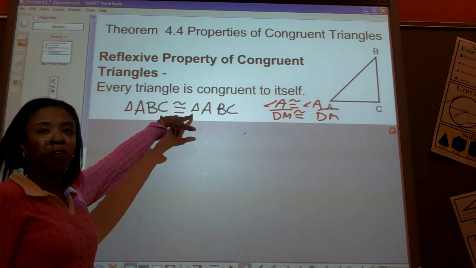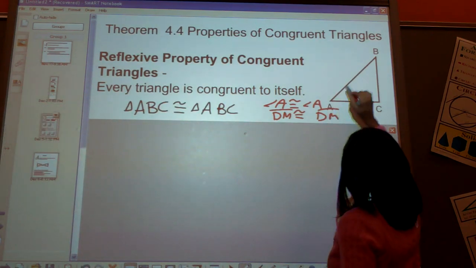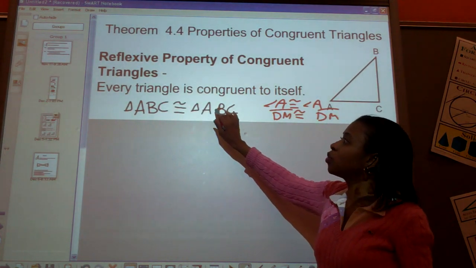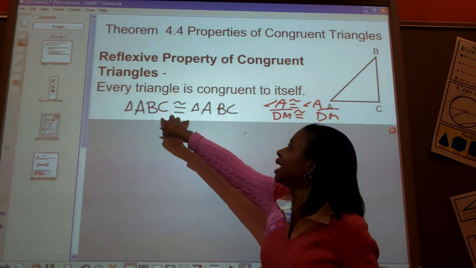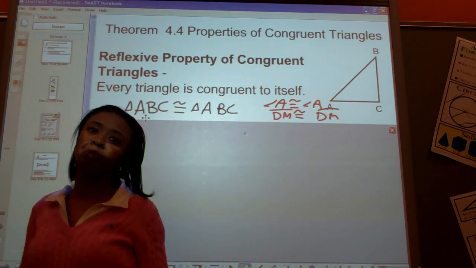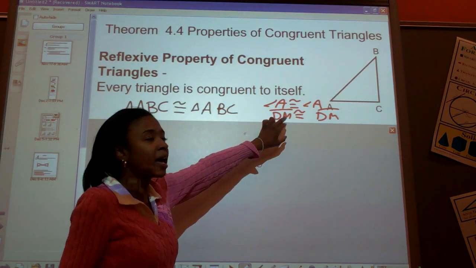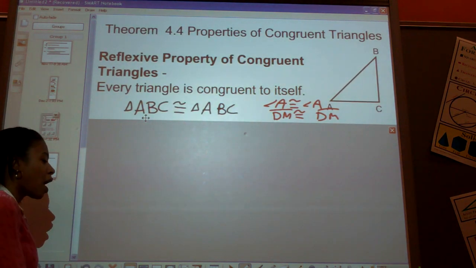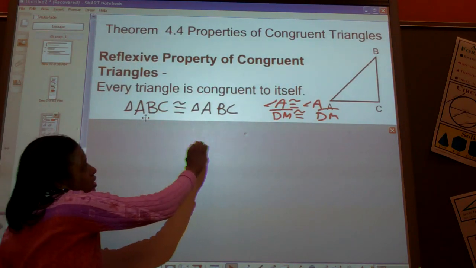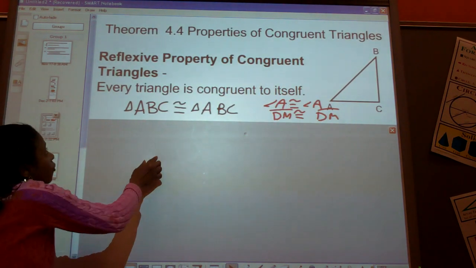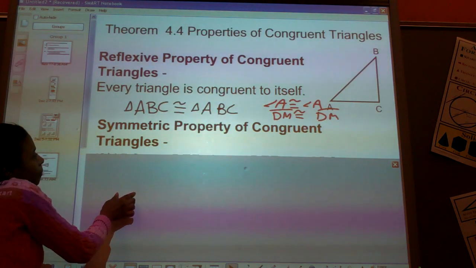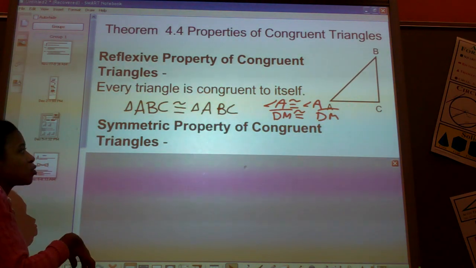We can do the same thing with triangles. So triangle ABC is congruent to itself. It's still the reflexive property. We've used it for angles, for segments, and now for triangles. That's Theorem 4.4.